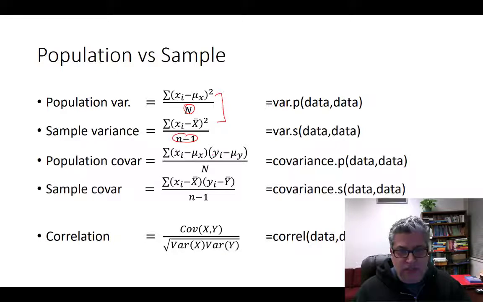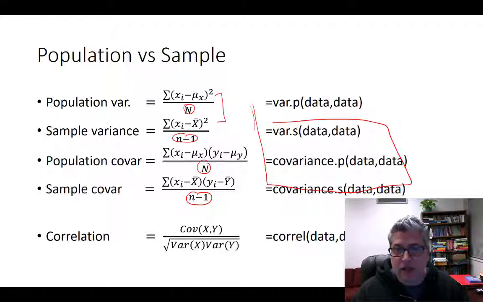Likewise for covariance, the numerators are the same, right? Especially if we realize that the means, whether you're looking at population mean or sample mean, are the same thing. The difference lies in that one you're dividing by n, and the other you're dividing by n minus 1. So the formulas are different, and for that reason, in Excel, there are population versions and sample versions of these formulas.